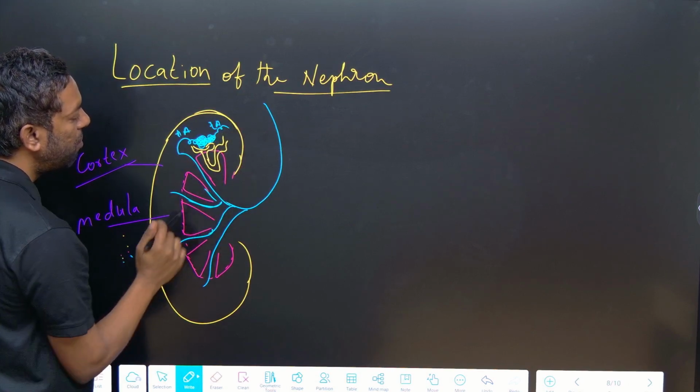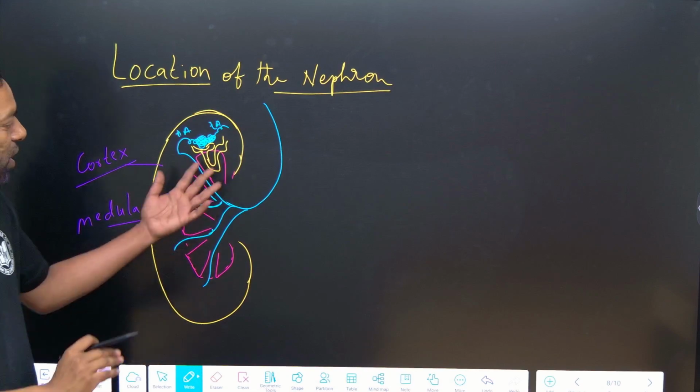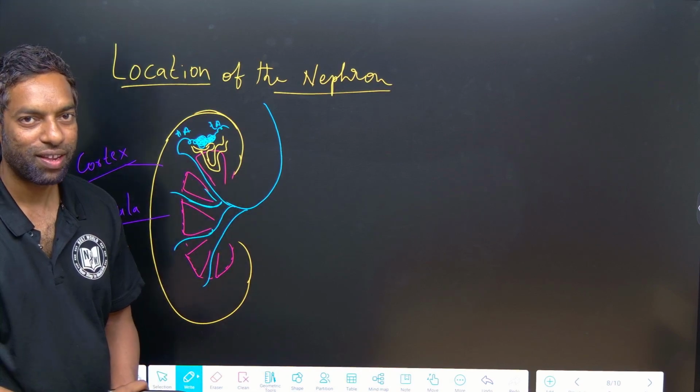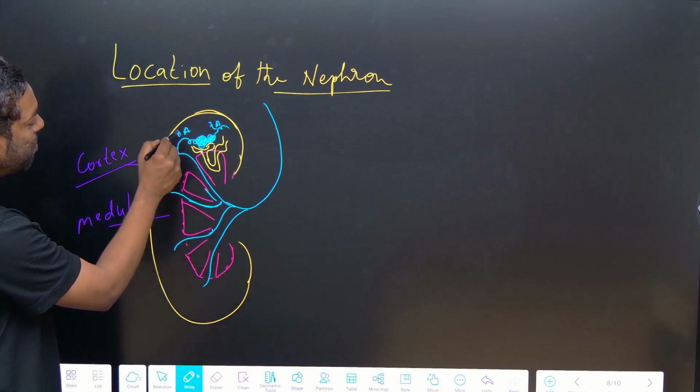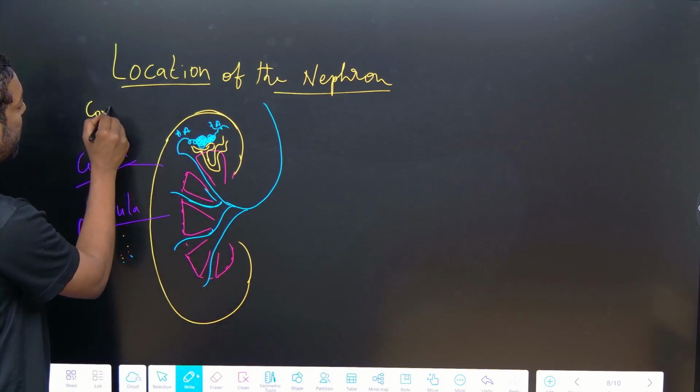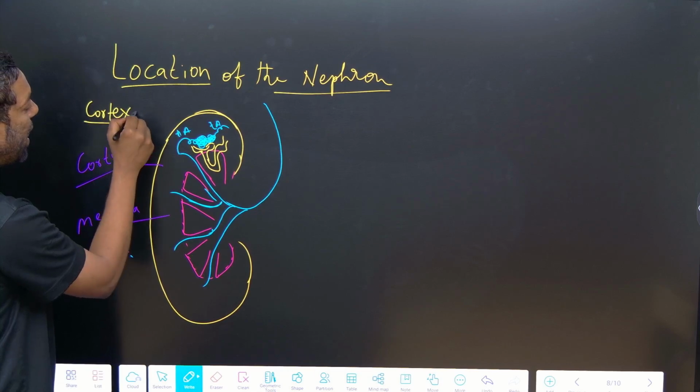This is the nephron. What about the location of the nephron? It is partly in the cortex part and the medullary part.